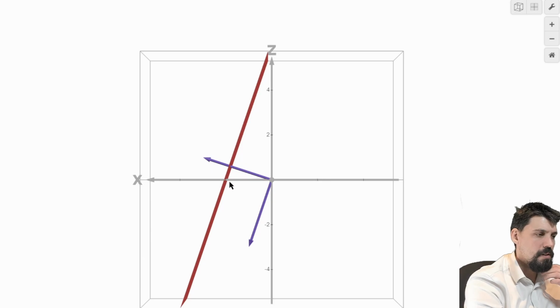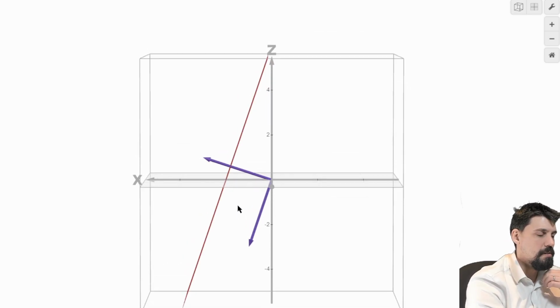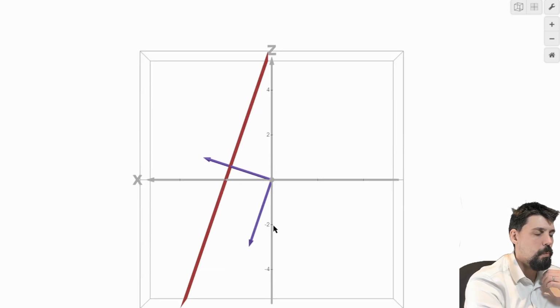And then we just need a point. Let's take here. This is x is 2. Yeah, it goes through x is 2. Now, as I rotate this, we're going to go to z is 2. x is 0, y is 0. So then we get our point.